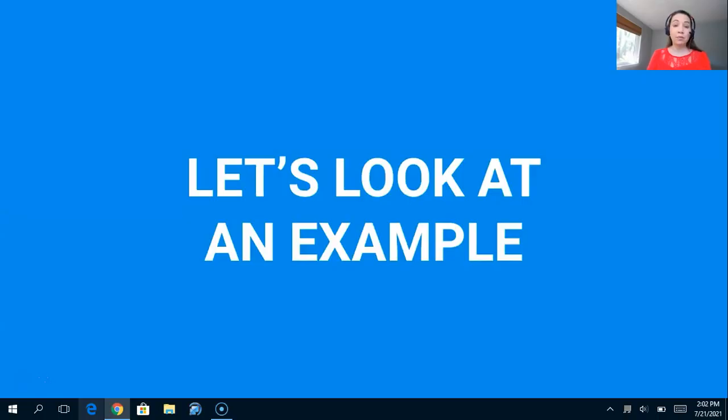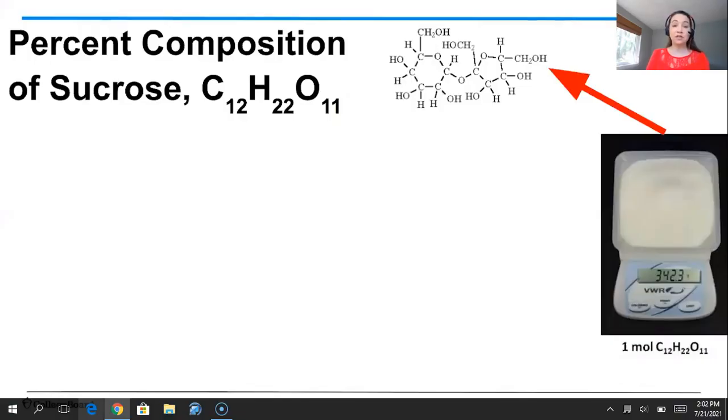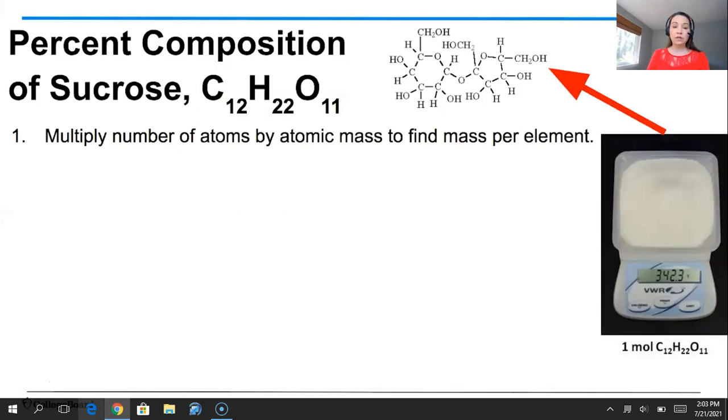We'll look at an example for a percent composition of another common substance, sucrose or white sugar, C12H22O11. You can see it sitting on the balance there, and a structural formula of 1 molecule of sucrose. So to find the percent composition of sucrose, first thing we would do is multiply the number of atoms by the atomic mass to find the mass per element.